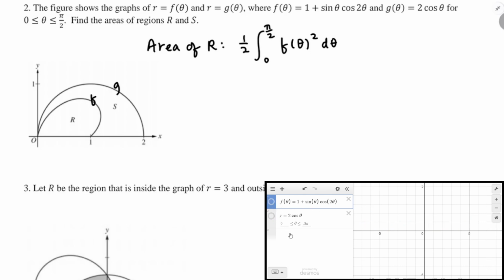I can turn that off. Now I'm interested in the 1/2 of the integral from 0 to pi over 2 of f of theta squared d theta, and I can get 0.648.